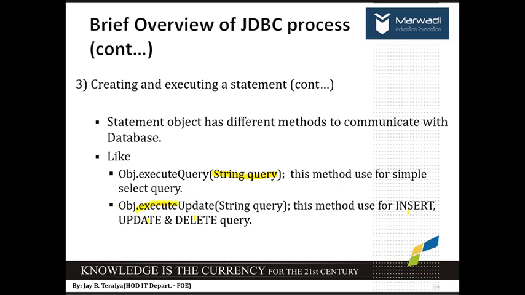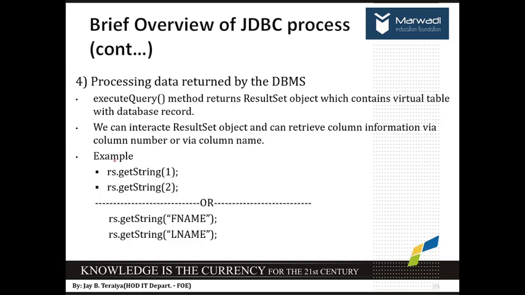Now executeUpdate will return an integer value, and this integer value ideally represents the number of records affected within your table. When you call executeQuery, that technically returns a result set. Once you have a result set, you can traverse it by calling rs.next, and by calling getString with a column number or column name, you can retrieve your data from the table.